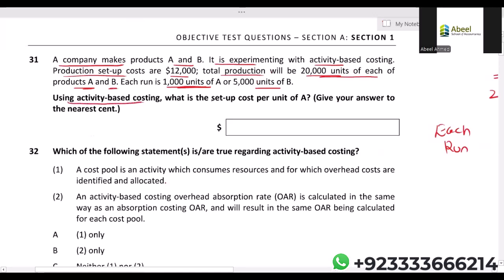Using activity-based costing, what is the setup cost per unit of A? Give your answer to the nearest cents.